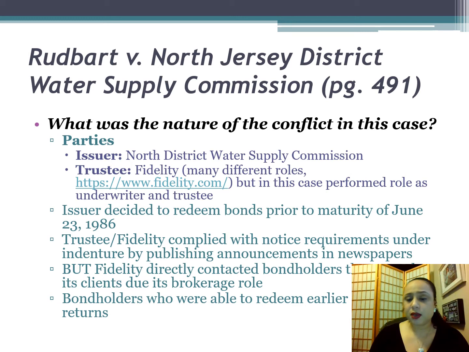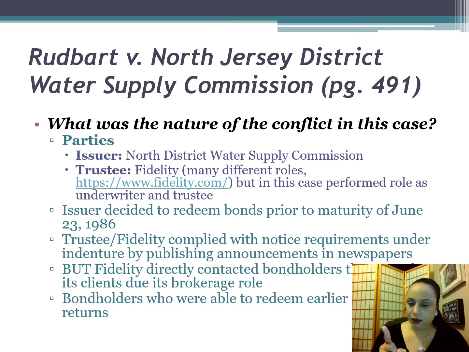Fidelity, in its capacity as trustee under this arrangement, did comply with its notice requirements under the indenture by publishing announcements in newspapers. Okay, that was the essence of the notice requirement. So you can envision a scenario where some bondholders will see these announcements that are published in the newspaper, whereas others may not.